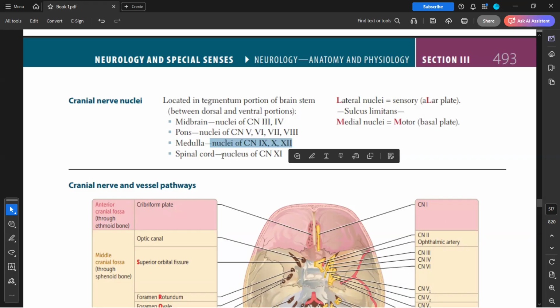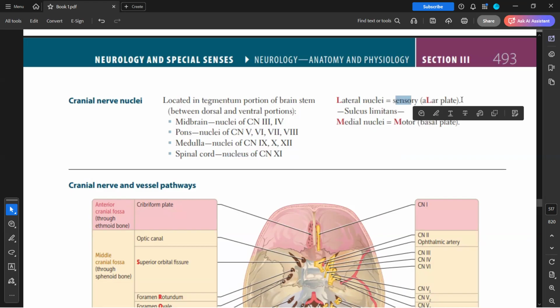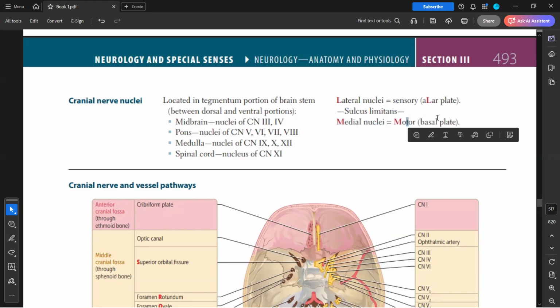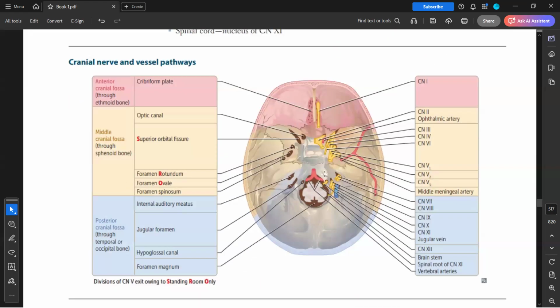And in the spinal cord, you will see the nucleus of cranial nerve 11. So this is the whole map: lateral nuclei are sensory, alar plate, with the sulcus limitans separating them from the medial nuclei, which are motor, basal plate. This is the picture to clearly visualize everything.